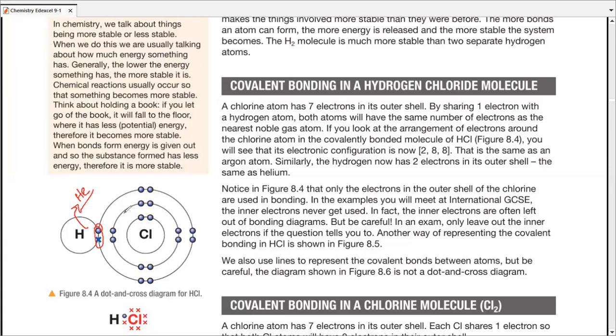In case of chlorine, it shared an electron because then it would have 1, 2, 3, 4, 5, 6, 7, 8 electrons in its outermost shell, which is the nearest noble gas configuration of argon. So chlorine actually completed its octet, 8 electrons in its outermost shell, and hydrogen actually completed its duplet, 2 electrons in its outermost shell, right?